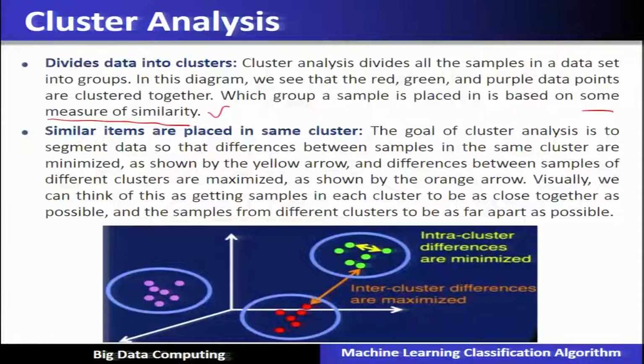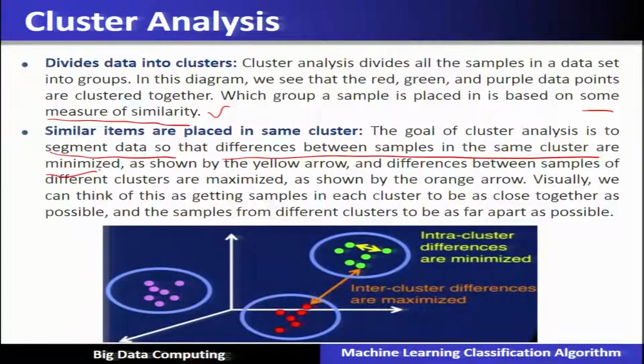Now, in this cluster analysis, we are going to keep similar items together in the same cluster. So, the goal of cluster analysis is to segment the data so that the differences between the samples in the same cluster are minimized.